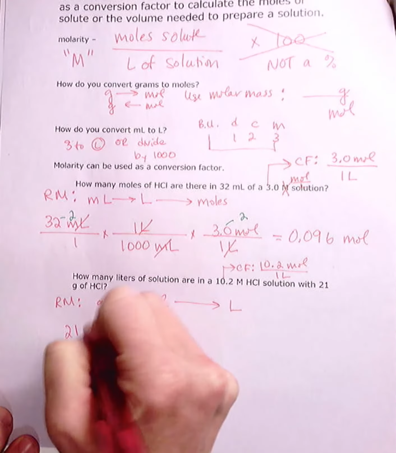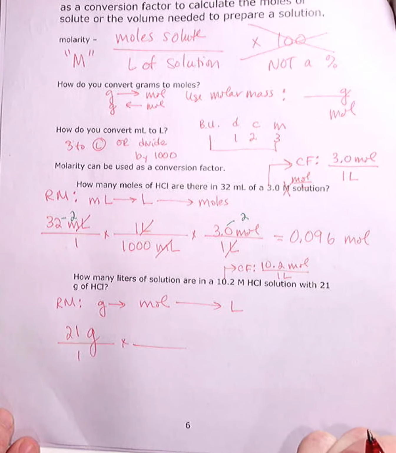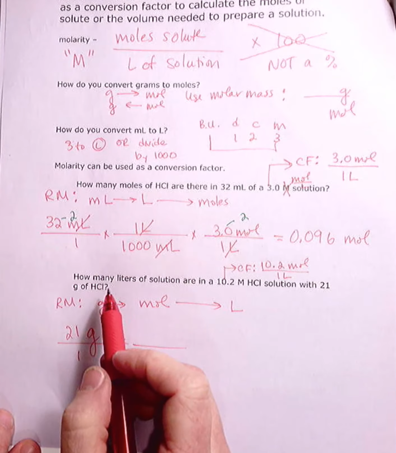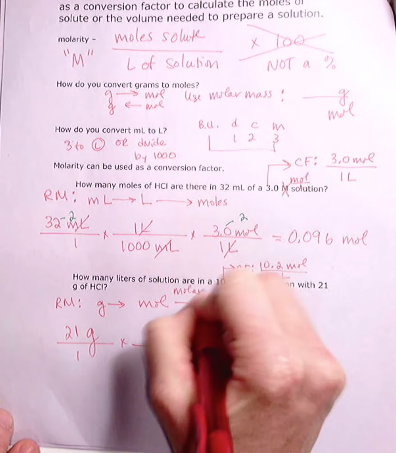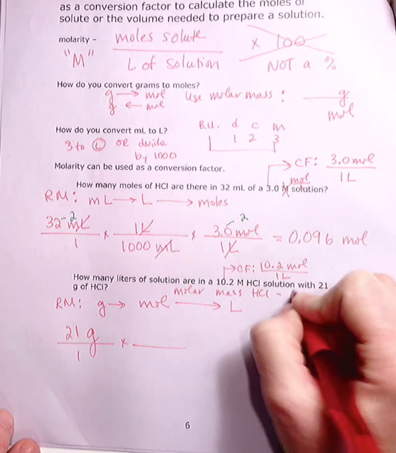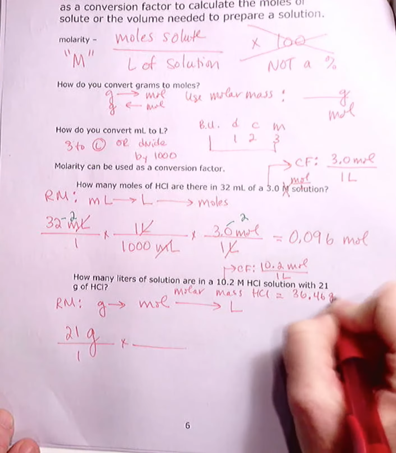So 21 grams over 1. And then I'm going to have to calculate the molar mass of HCl. So I'll give this to you. Molar mass HCl is 36.46 grams per mole.